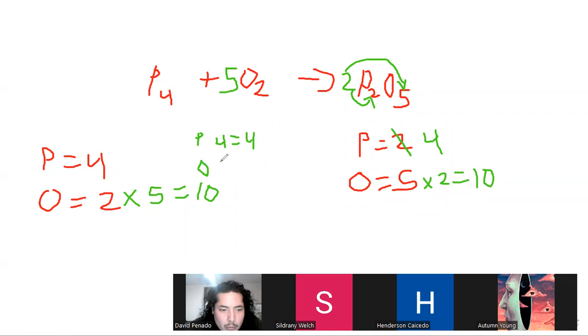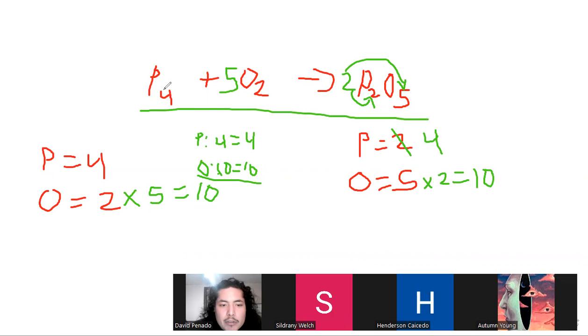And then we got O equals 10. So there we go. That's how it's balanced. So I wrote the answer: P4 plus 5O2 equals 2P2O5.